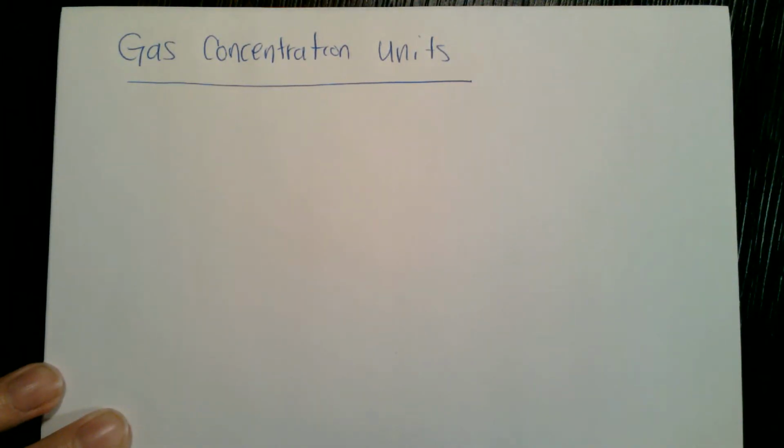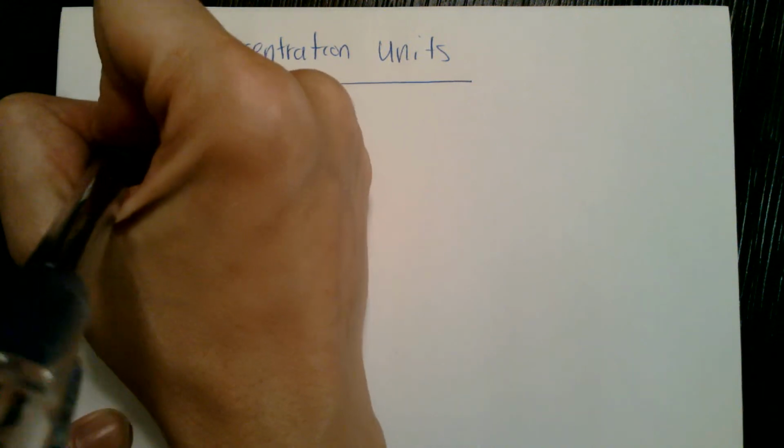So the first ones they talked about were a couple of what we call absolute units. Absolute is when you're directly comparing how many gas particles you have. Since gases are pretty dispersed and diffuse and not very dense, a lot of times instead of using something like moles, we'll see the actual number of particles.